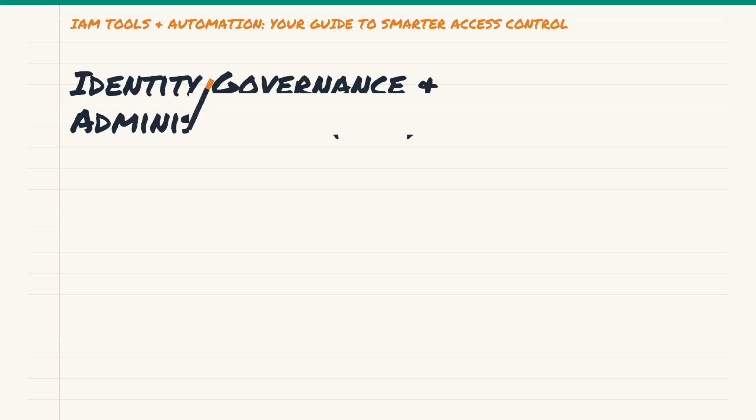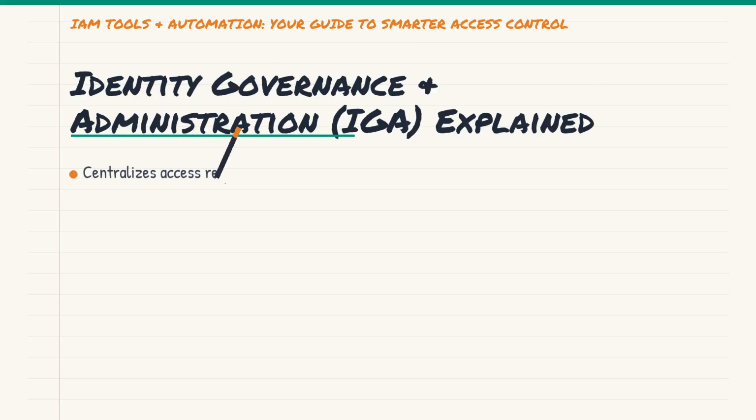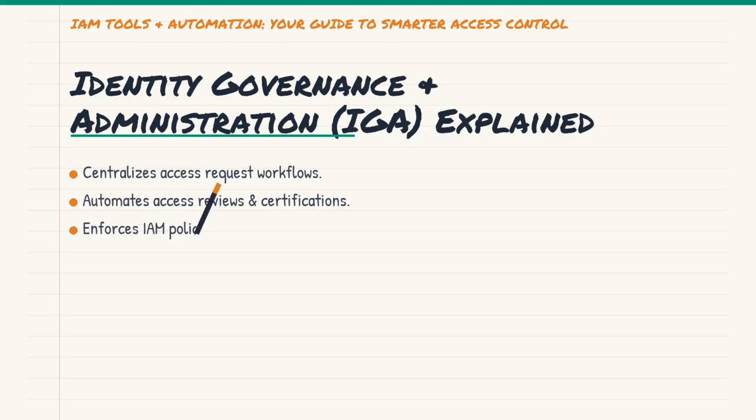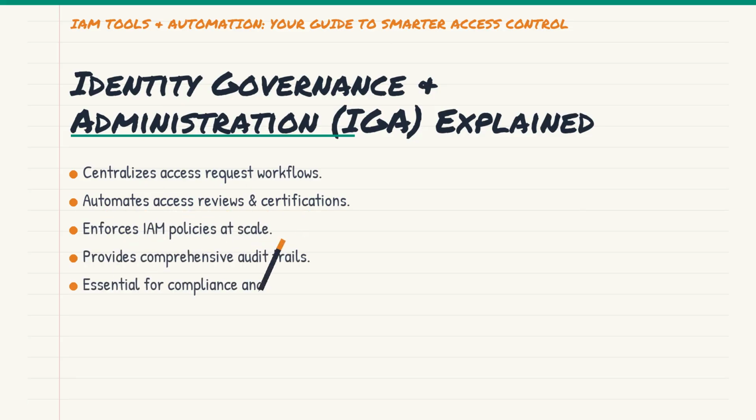Think of IGA as the brain of your IAM operation. It's not just about assigning access, it's about governing who gets what access, why and for how long, all while keeping an audit trail. IGA platforms help with things like access requests, certifications, making sure people still need their access, and policy enforcement.